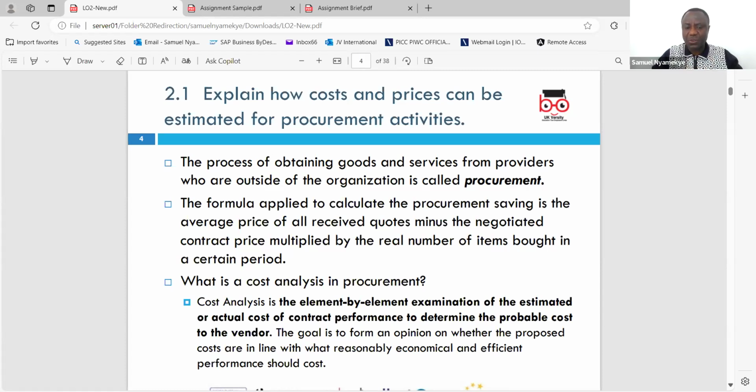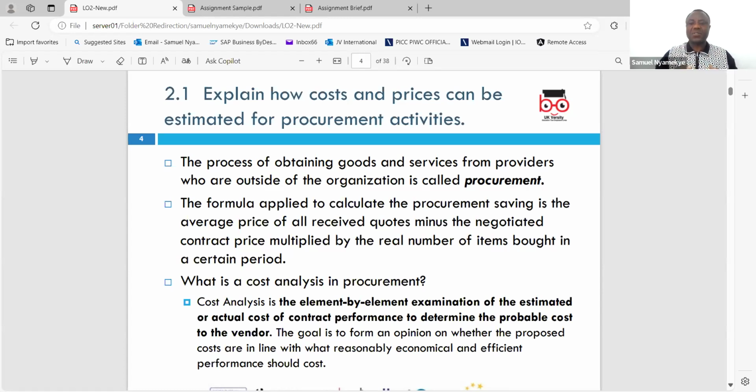You have to look at it, because somebody else is giving you the price. If the supplier tells me that it's 60 pounds, do I have any tool to examine whether he's giving me a fair price? Is it reasonable? How can I do that? That is what cost analysis is all about.